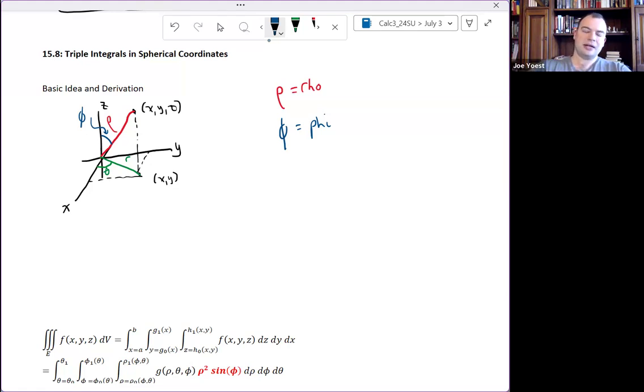Then go in that direction rho units. That's another way to describe x, y, z. I could describe it in terms of rho, theta, and phi. Theta and phi set the direction in 3-dimensional space, and then rho tells you how far to go in that direction.